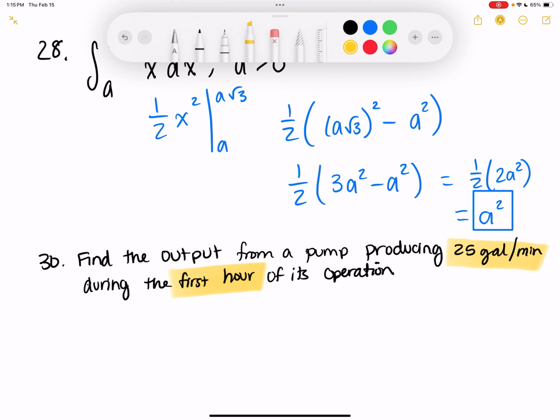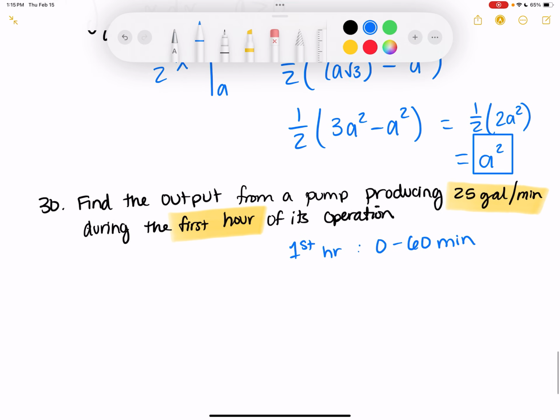So we need to think about the first hour as 0 to 60 minutes so that the units match up. Sometimes they'll give it to you where the units do match up, like during the first 60 minutes of its operation, and you wouldn't really have to think about this. But the units didn't match, so I need to pay attention to that.